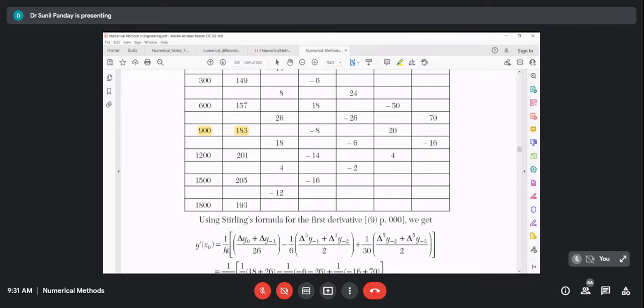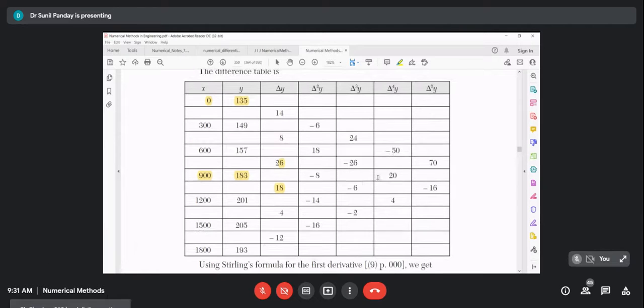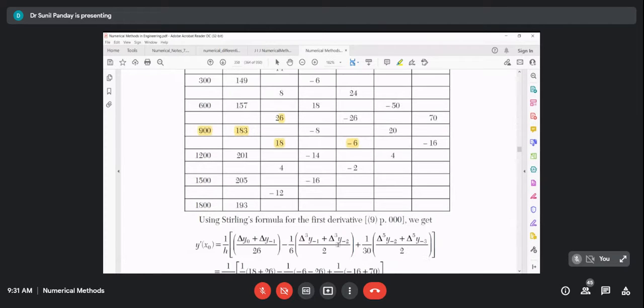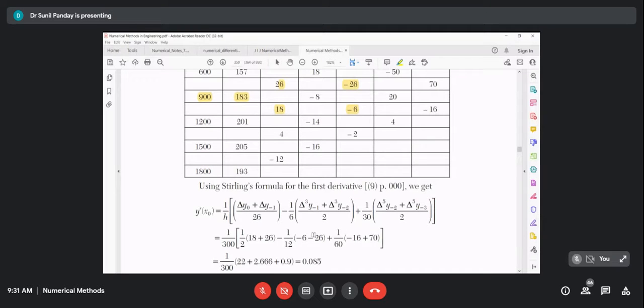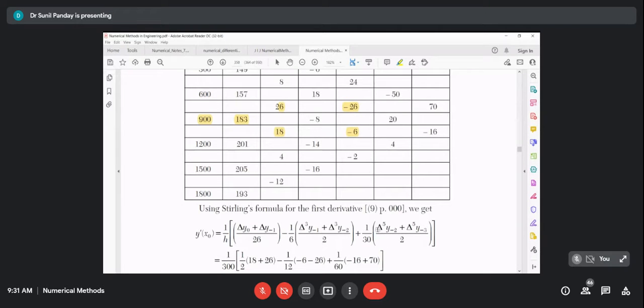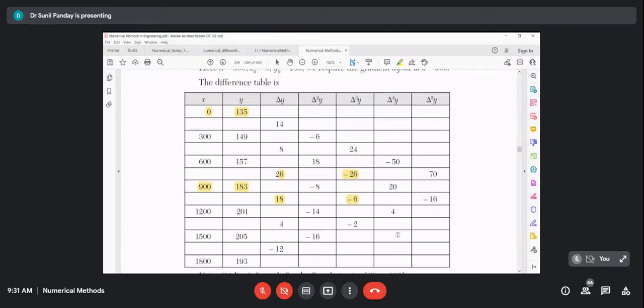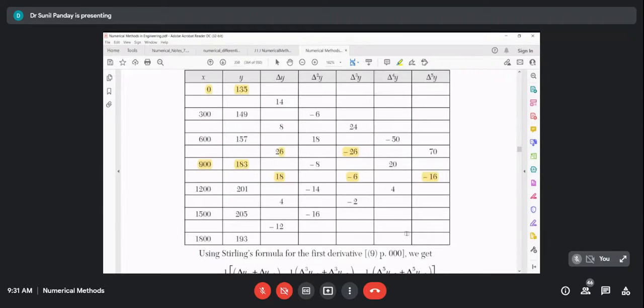So the Stirling formula is this: 1 upon h, delta y naught plus delta y minus 1, so this is delta y naught and delta y minus 1. Then delta 3 y minus 1 is required, so this is delta 3 y minus 1 and delta 3 y minus 2. Then you substitute these values, and require delta 5 y minus 2 and delta 5 y minus 3.